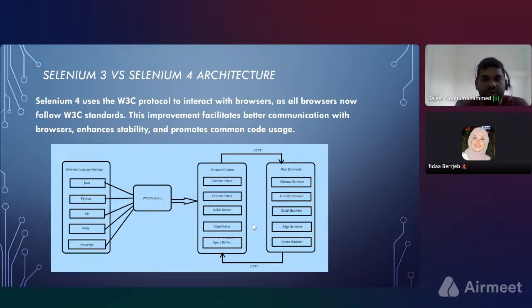So it allows more effective communication with the browsers and stability, and it promotes more common code usage as well. So that is one architectural difference between Selenium 3 and Selenium 4. It will help us improve our execution speed if you compare Selenium 3 and Selenium 4.